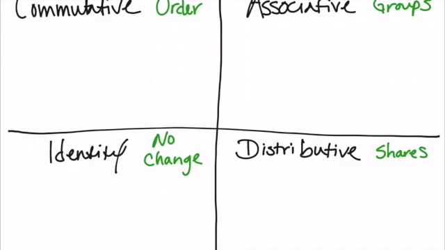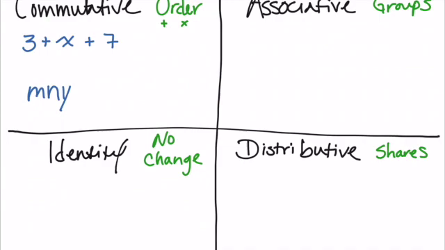For commutative property, let's say I have 3 plus x plus 7. Or maybe I have m times n times y. Remember the commutative property only works with adding or multiplying.